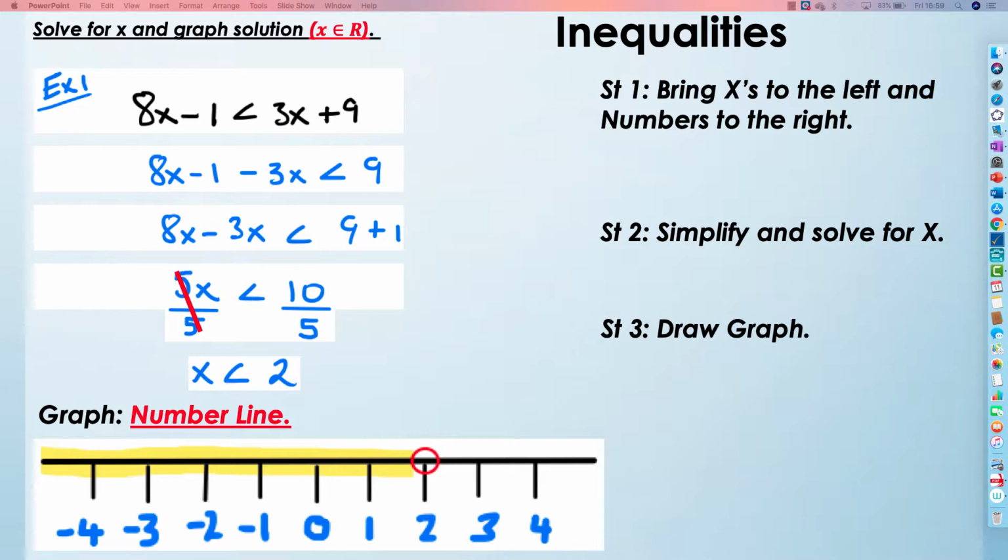Solve and graph 2x plus 5 less than x plus 11, where x is an element of Z.